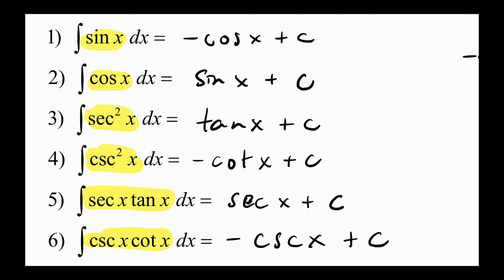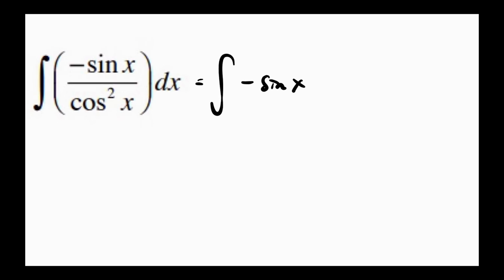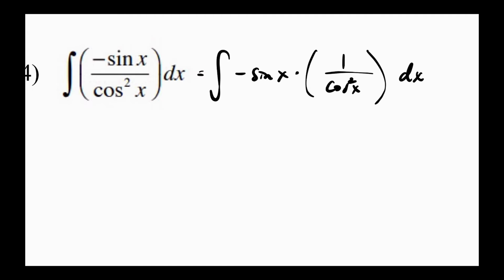Yeah, Roman, you got it? Can't you just expand it so you're multiplying the sine times 1 over cosine squared? So, okay, I'm expanding it. What did you have first? Negative sine x times 1 over cosine squared x. Okay, that works. And then what do we do from there?